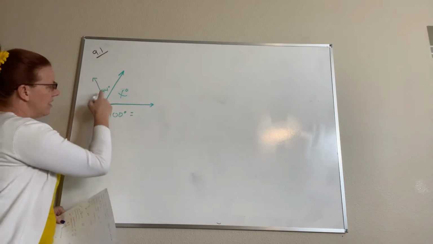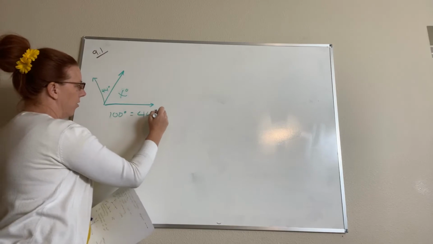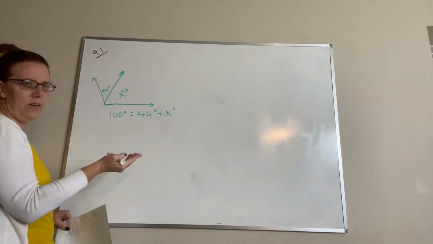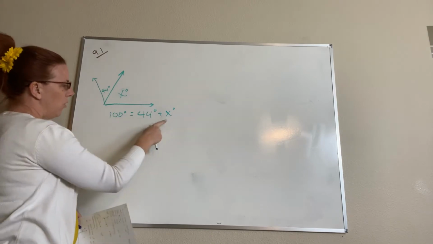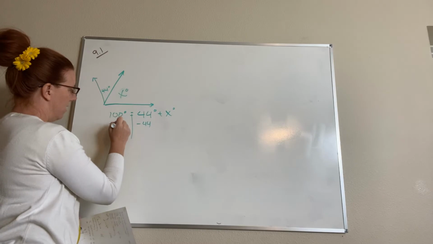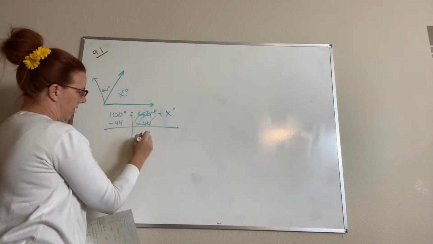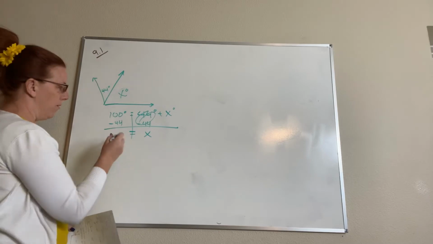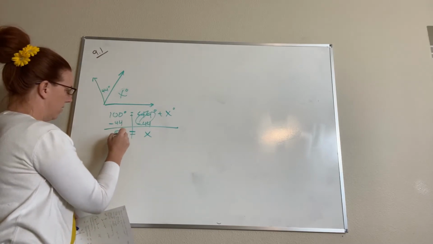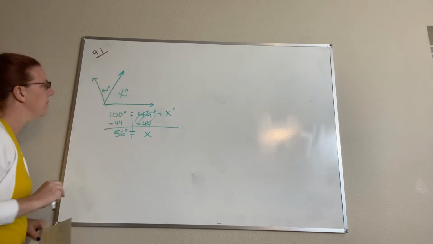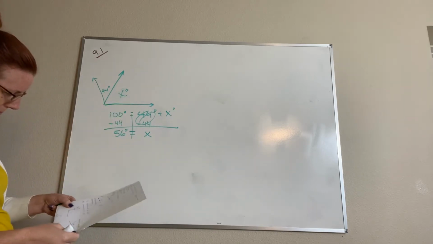Well, you could say, I know that 44 degrees plus x degrees equals 100 because I was told this whole thing was 100. You have to be told that. So you can solve. Subtract 44 from both sides, and this is gone, so now I know x equals 100 minus 44, 56 degrees. This would have to be 56 so that these add to be 100, okay?